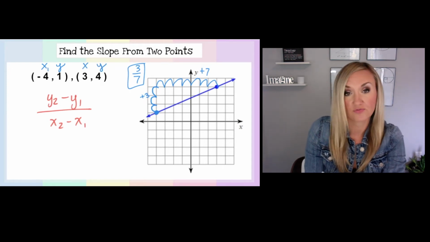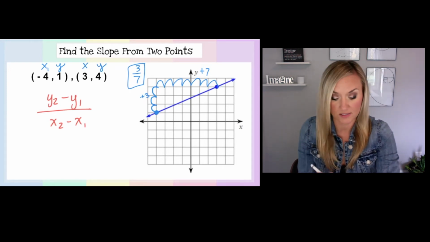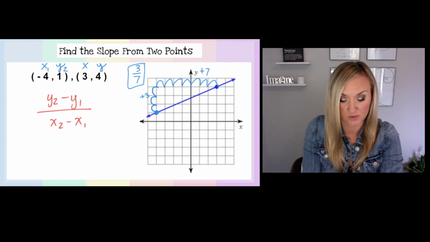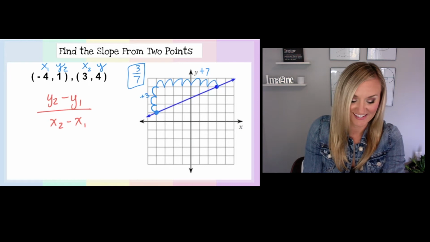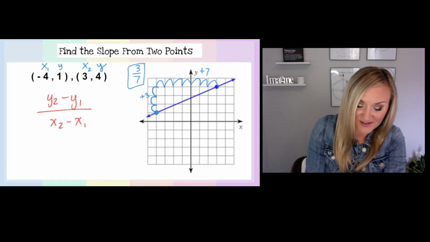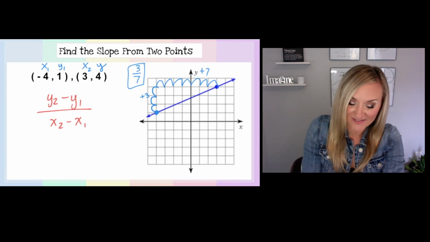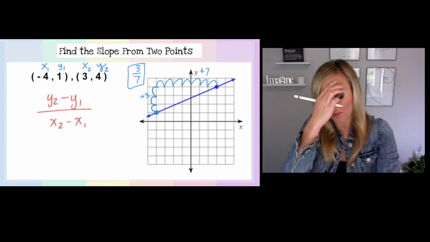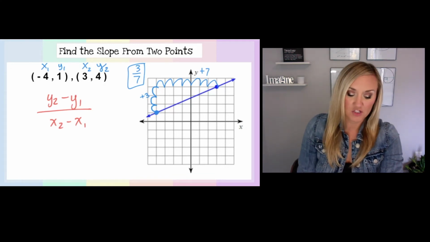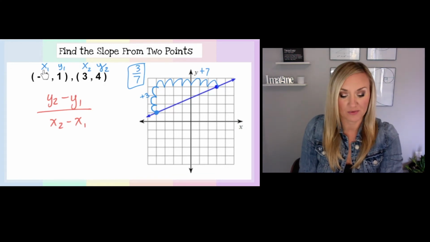This one is the first x, so we want to call it x sub 1, and the other x sub 2. And this is y, not sub 2, sorry. It is the first y, so y sub 1. And then that x is the second x, and this is the second y. So it just is really in order from left to right, x, y, x, y. These are the first ones listed. These are the second ones listed.